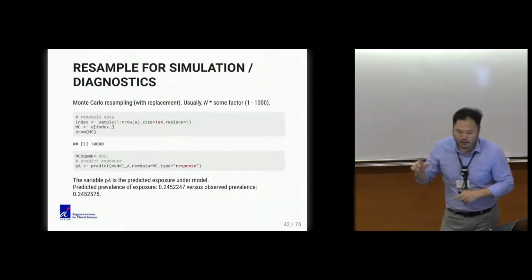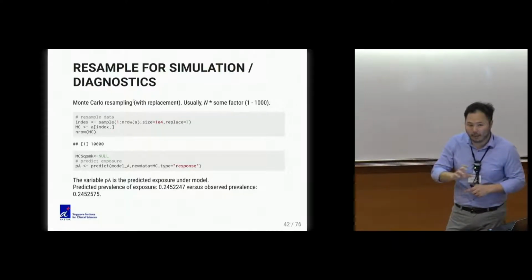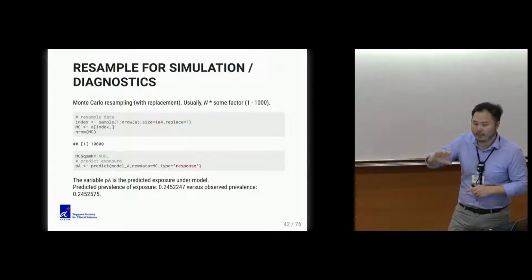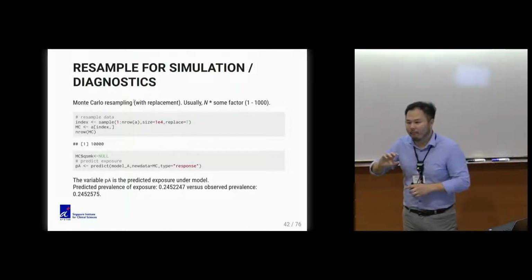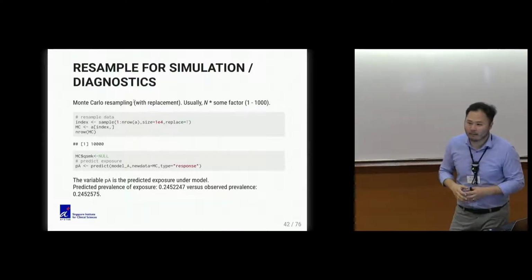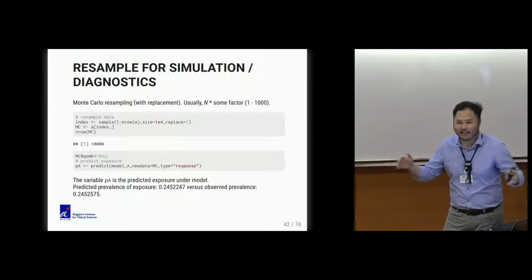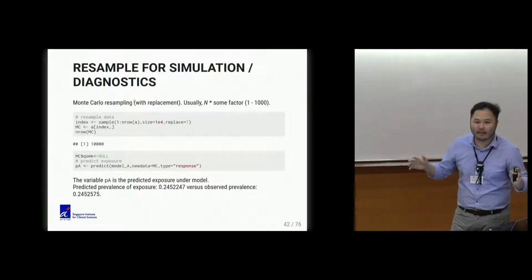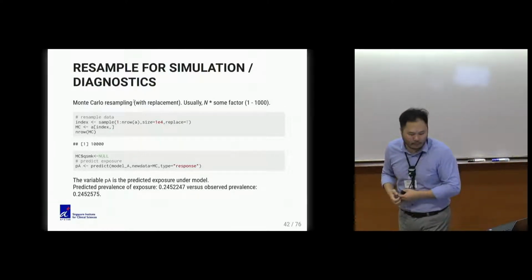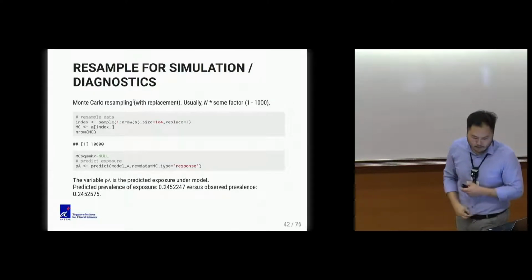But in general, you want the sample to be at least as large as your original sample size, and probably some factor greater than that. It will depend on how many different covariates you have in there and what you think the different relationships are. But practically, you want it to be as large as you can estimate without taking too much time. So it's not a great rule, but there are not really any hard and fast rules. So here we've chosen 10,000, which is more than 10 times the original sample.